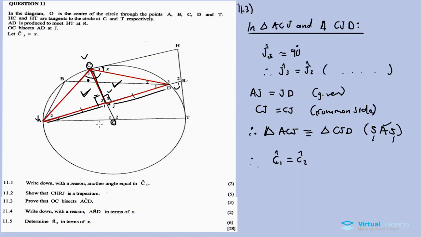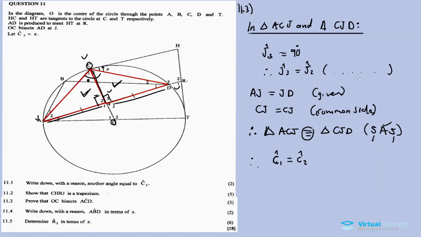I can do this now because these triangles are similar. In fact, these triangles are congruent, man. They are congruent.